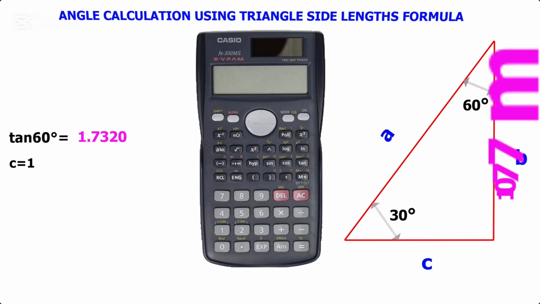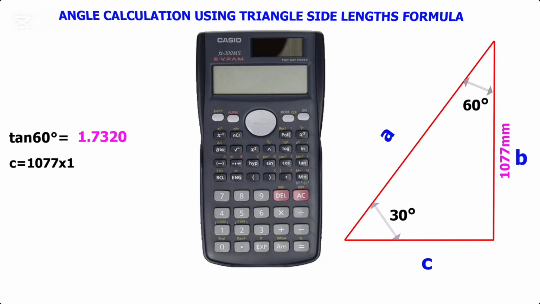So we calculate now this C. C is equal to 1077 times 1.7320, which is equal to 1866 mm. So that is the run, 1866.